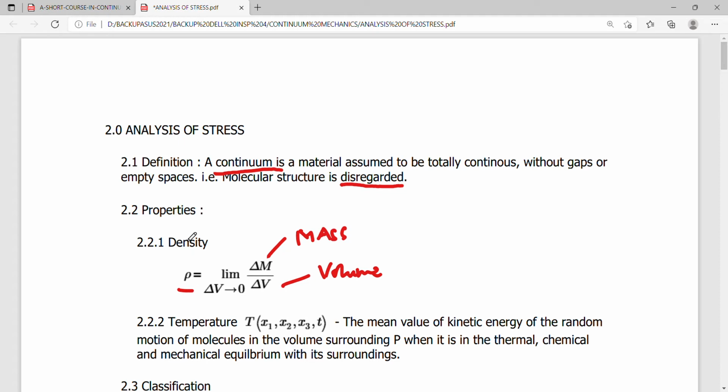So for the temperature T, we define it in a different manner, aside from knowing that it is simply a measure of how hot and cold a body is.